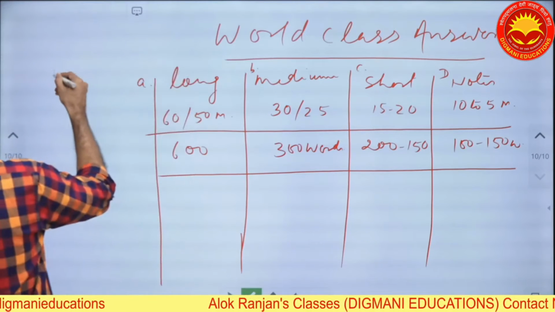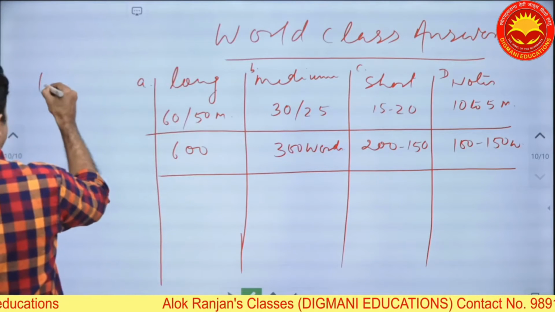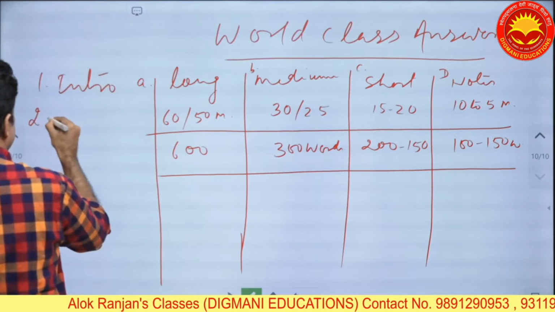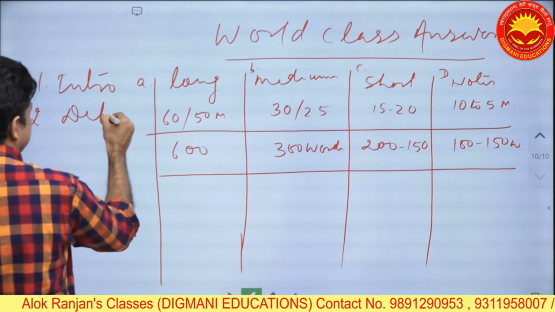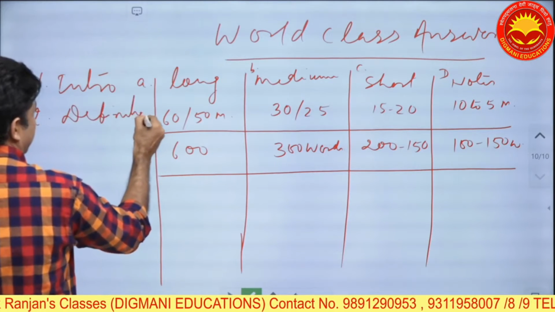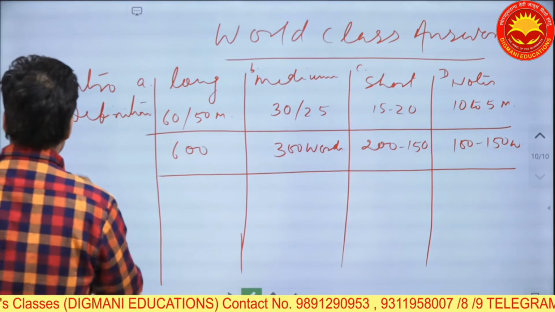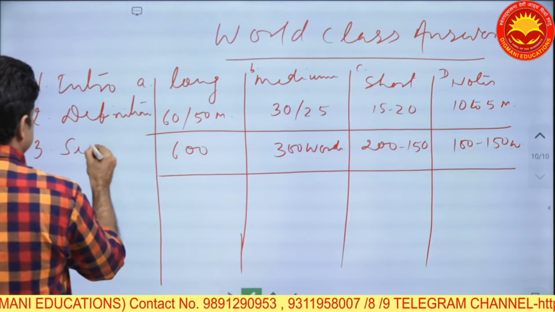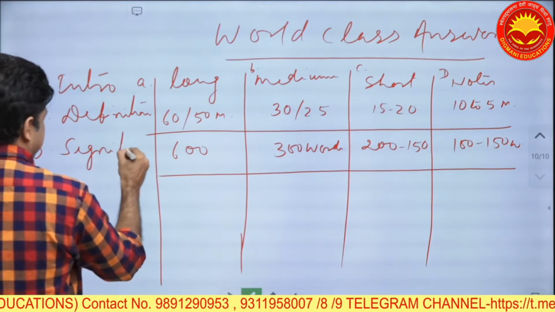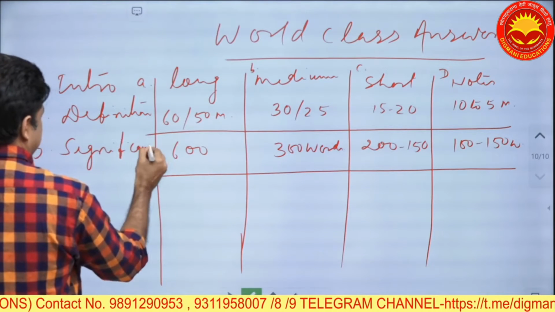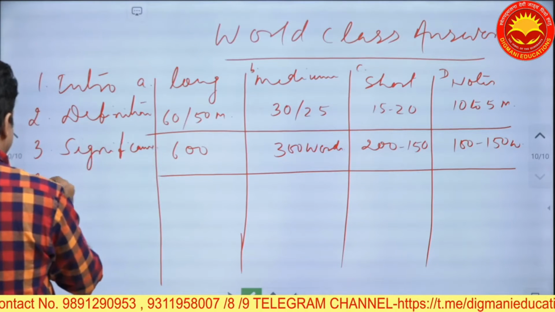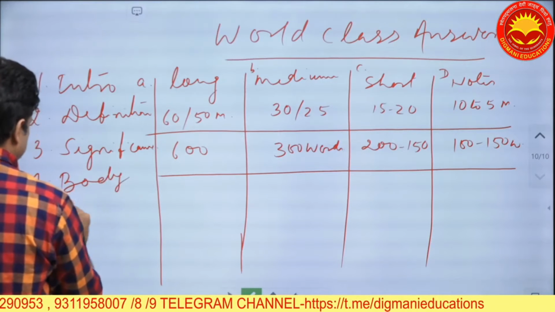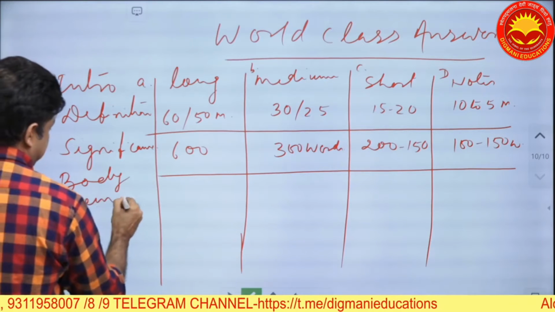So, a great answer will consist of 1, introduction, 2, a definition or maybe a definitive statement, 3, significance of that topic, 4, the body, which is also called the demand.